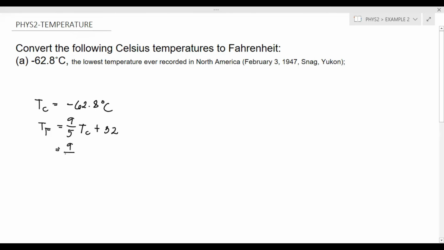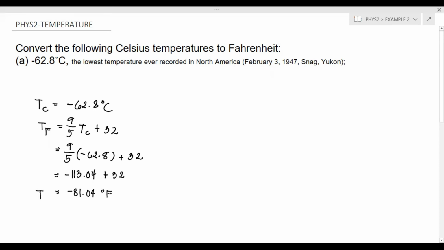Now the formula for the temperature in Fahrenheit is 9/5 Tc plus 32. So we substitute your Tc, which is negative 62.8, and then add 32. You will get 9/5 times negative 62.8, that's negative 113.04, plus 32, you have negative 81.04 degree Fahrenheit.